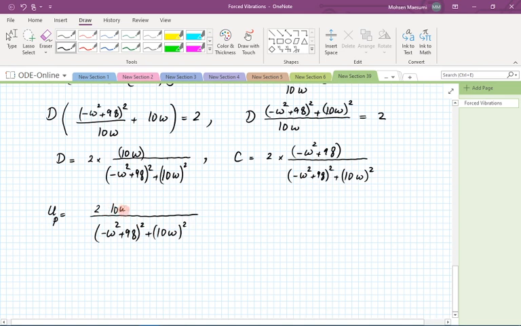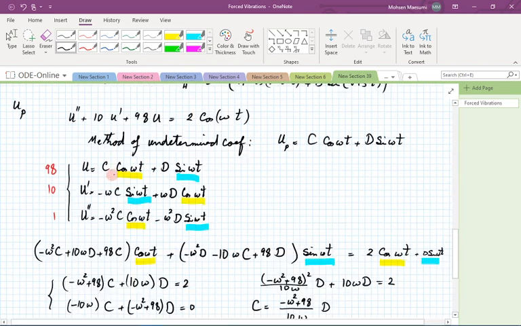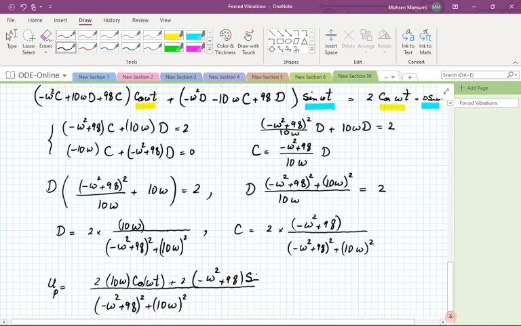Then 10 omega cosine of omega t, and then this one is 2 times minus omega squared plus 98 sine of, I made a mistake. This is supposed to be C. It was C cosine plus D sine. I wrote it the other way, so let me go correct myself.